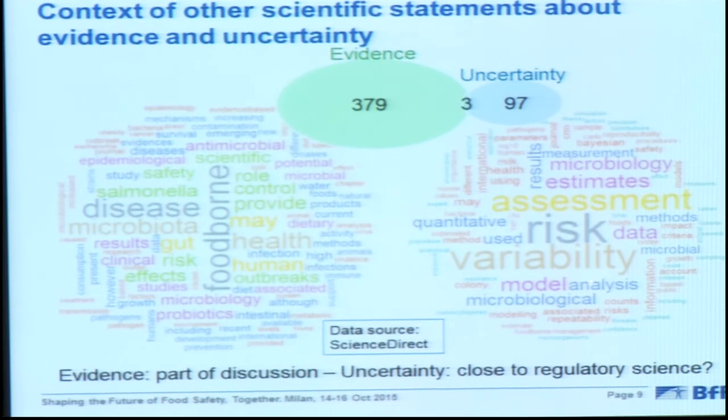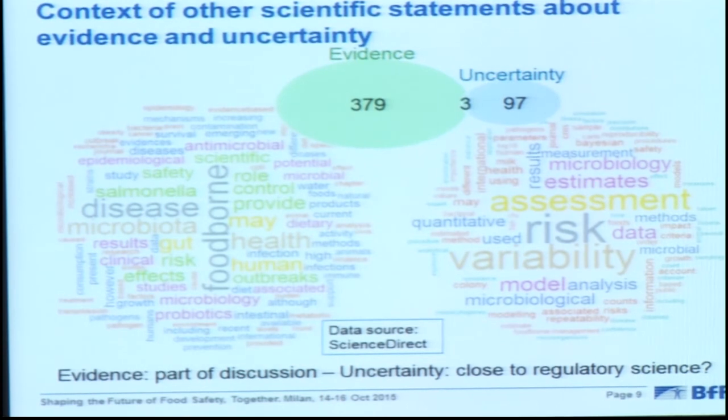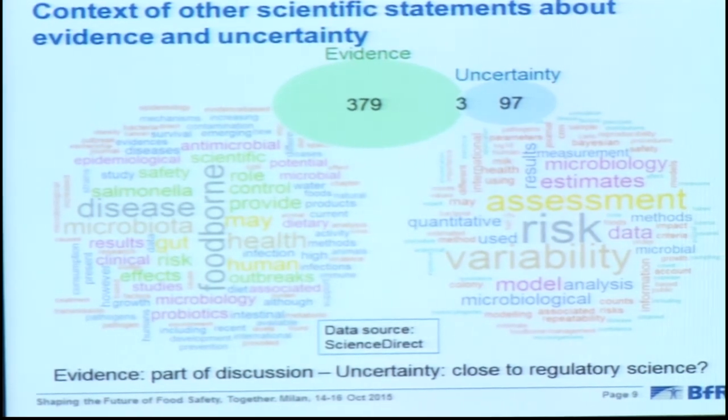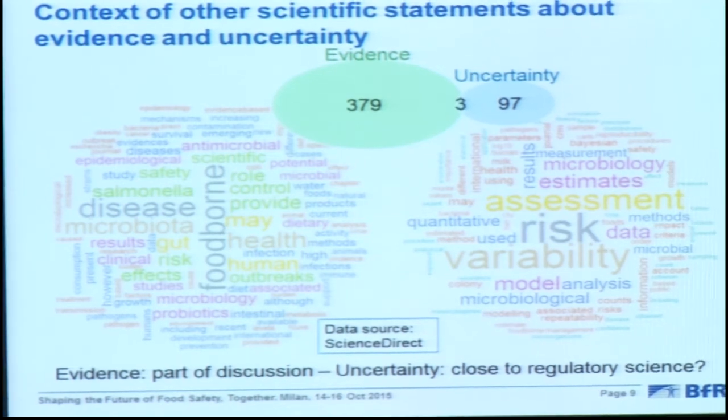What could we learn from the pattern of words occurring in the same phrases along with evidence or uncertainty? If we look into the left-hand side, we see lots of words or terms that seem to be related to very specific research aspects.